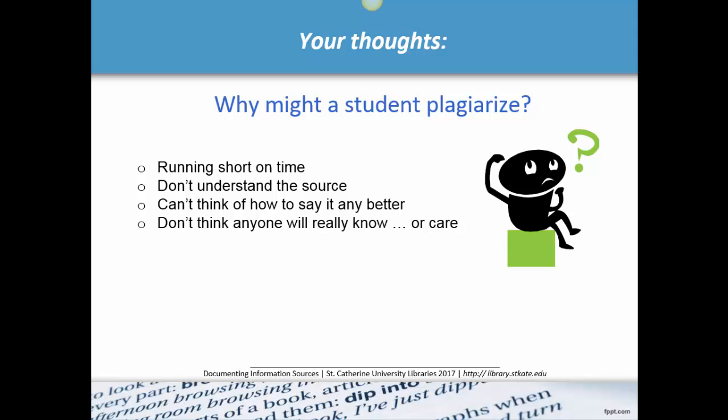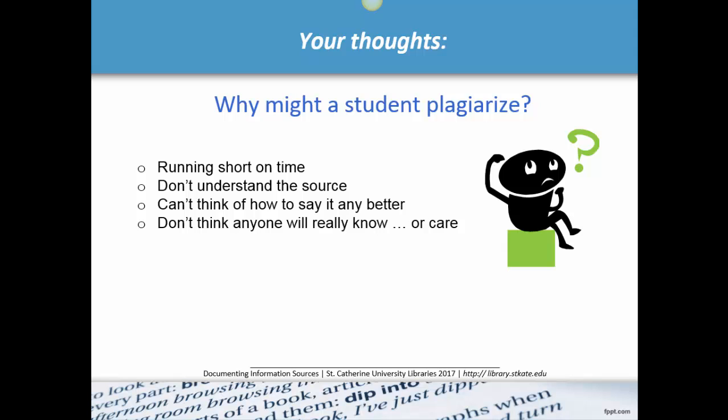They include running short on time and working under pressure. When that happens, we sometimes tend to get careless. Not understanding an original source. In order to accurately paraphrase information in your own words, you have to thoroughly understand it first. Chances are you can't think of a way to say something better than a source.